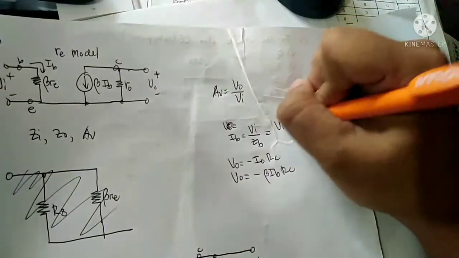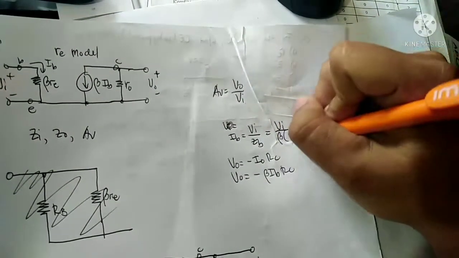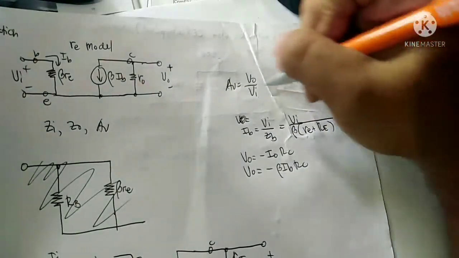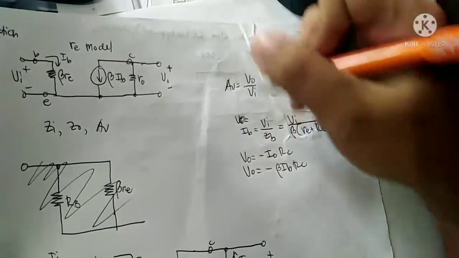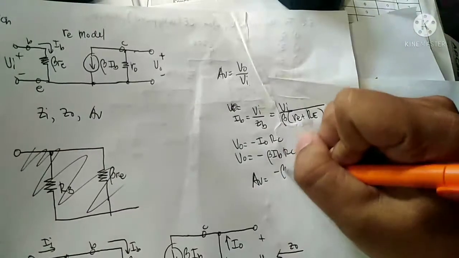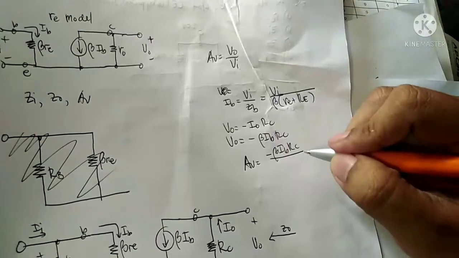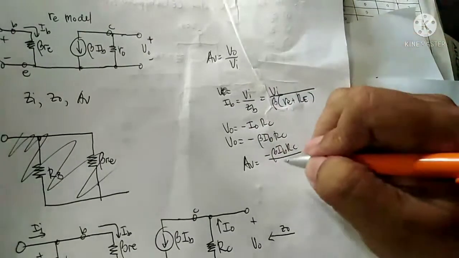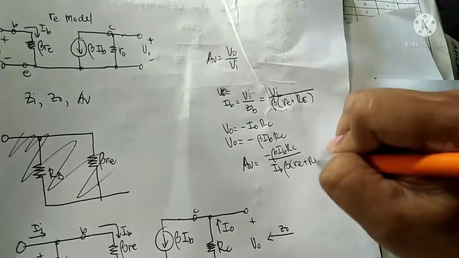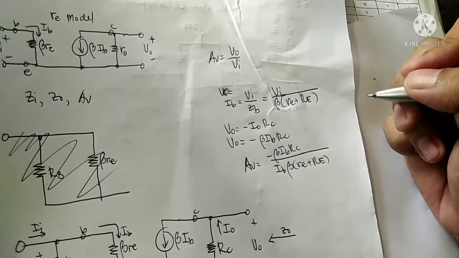By the way, Vi is equal to Zb, so beta re plus capital R sub E. Substitute this one, and so the voltage gain is equal to Vo, which is negative beta Ib times RC, divided by Ib times beta re plus capital R sub E. So cancel Ib.